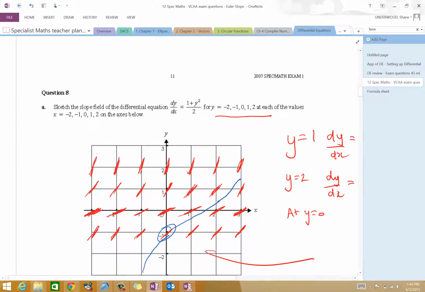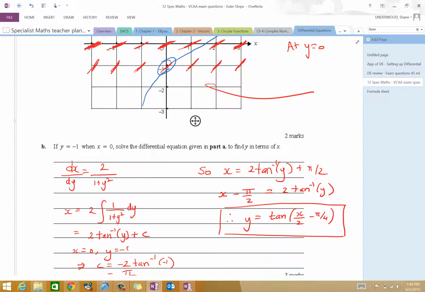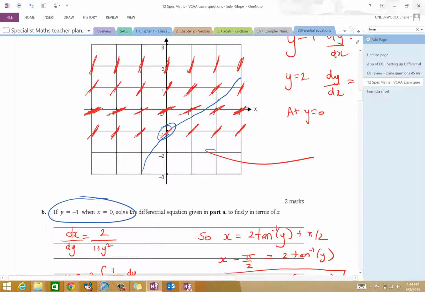You should be given that when x equals 0, y equals -1. So we know it's this one because of that initial condition they've told you. Do you understand that? Very good.